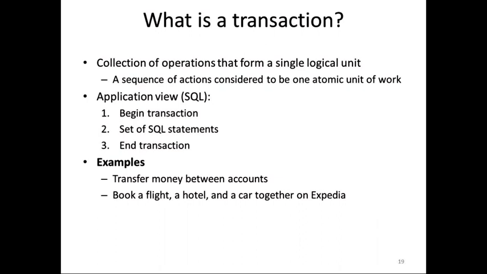From the application's perspective, a transaction starts with a begin transaction statement, and then is made up of a sequence of SQL statements for selection or for update of data, and then ends with another statement indicating that this is the end of the transaction. For example, maybe transfer of money between accounts, booking a package including a flight, a hotel, and then a car together on Expedia and so on.